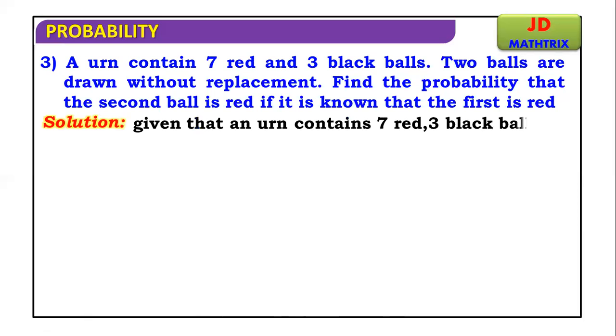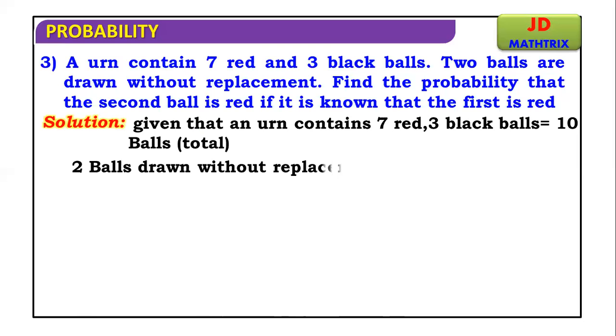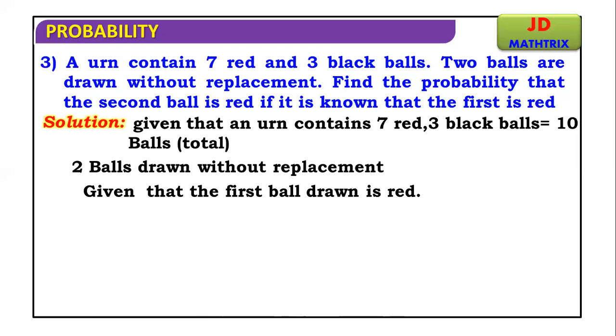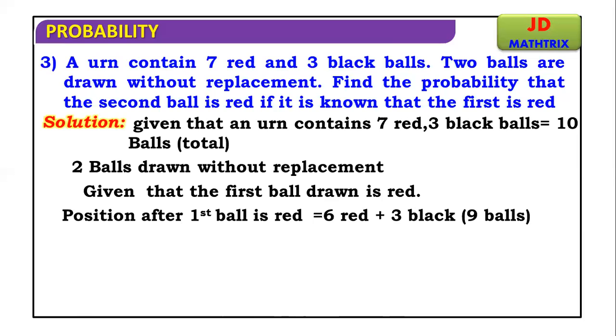Now what is the probability of getting a red ball in the second draw? So for this, let us define the events. That is given that an urn contains 7 red, 3 black balls, that is equal to 10 in total. 2 balls are drawn without replacement. Given that the first ball drawn is red. So now the position after the first ball is red: that is 6 red plus 3 black, in total 9 balls.